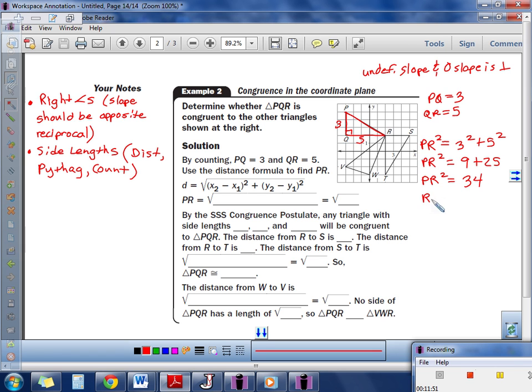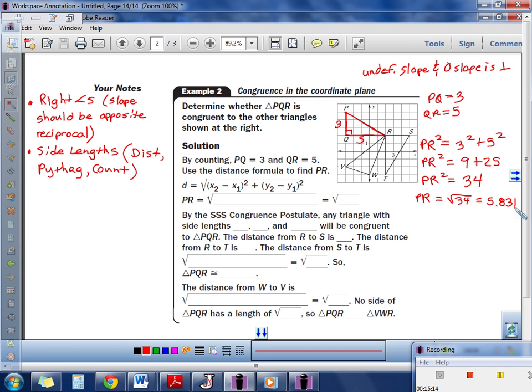So PR is going to be the square root of 34. That's like 5.8 something. Type that in real quick. 5.8. So we get 5.831. That's all the stuff I need for the red triangle.